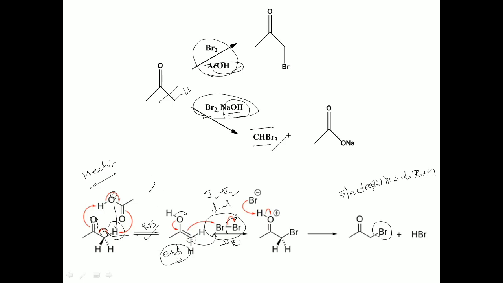Suppose you take C double bond O with CD3 and CD3. This has a lower rate of reaction than CH3COCH3, because formation of the enol involves breaking of the CH bond, and the CD bond is stronger than the CH bond. That's why there is less possibility of enol formation.